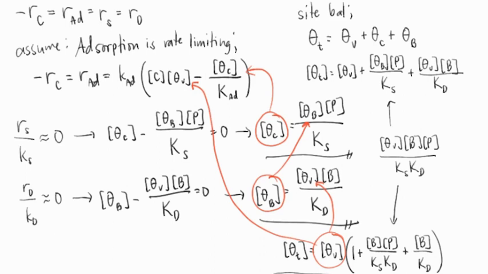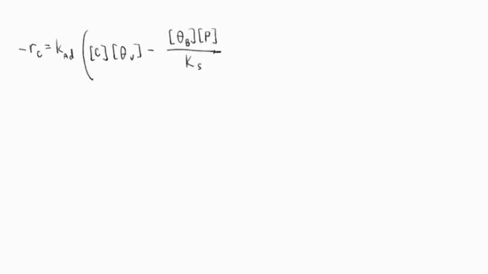At that point, there should be no more concentrations pertaining to active sites except the concentration of the total number of active sites, that is theta T. We can now write our net rate of consumption of cumene as small k adsorption multiplied by concentration of cumene times the concentration of the vacant active sites minus the concentration of theta B times concentration of propylene over Ks. That is multiplied with the K adsorption at the denominator.